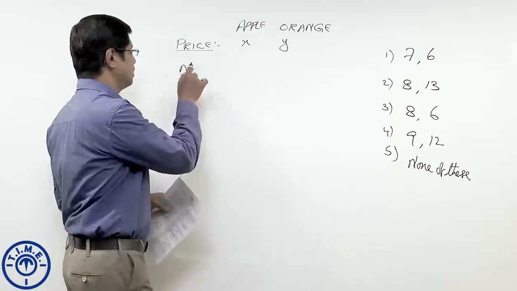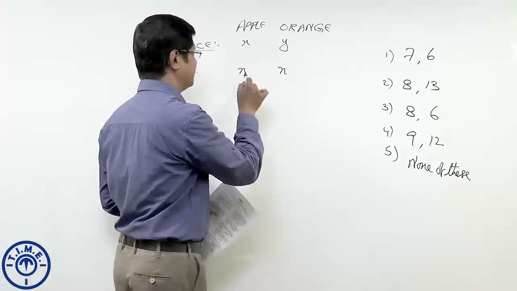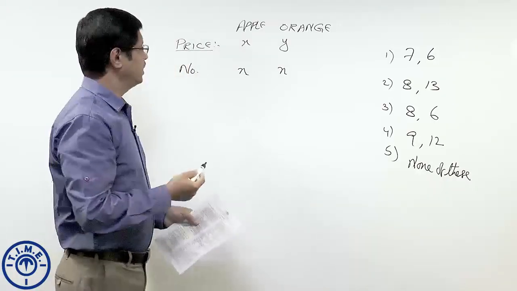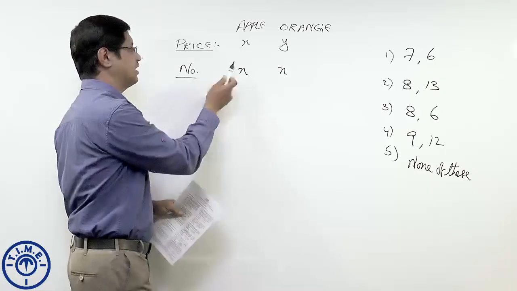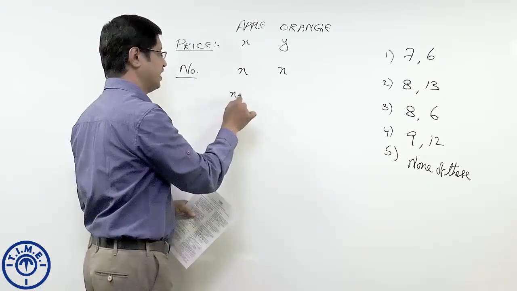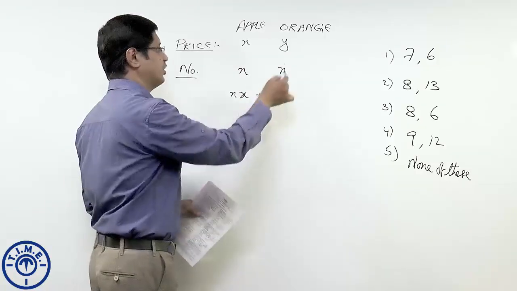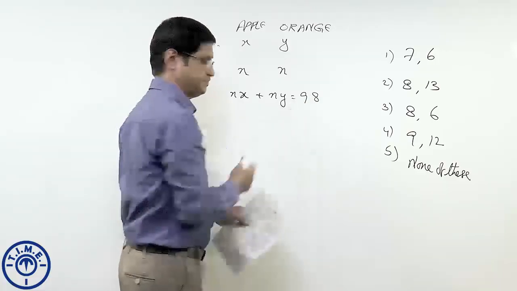The number is not given, hence I am assuming it as n. When you multiply the number of articles with the price, we get the value. So, what is the first equation? n into x plus n into y, nx plus ny, equals 98.